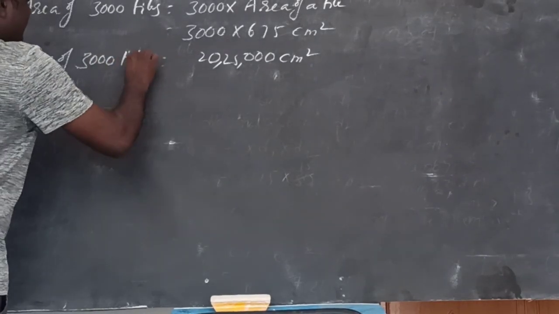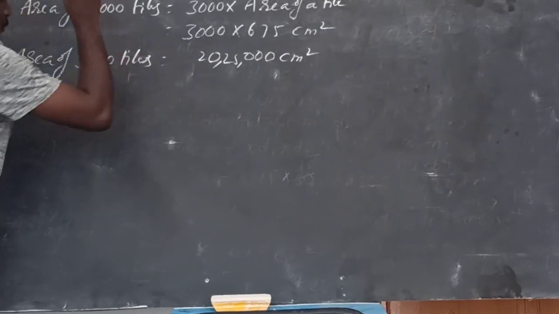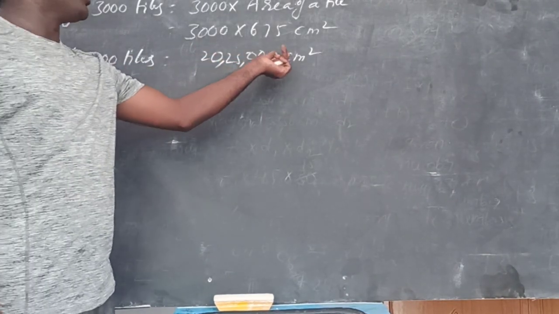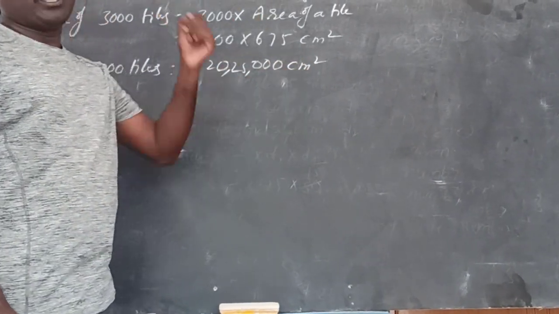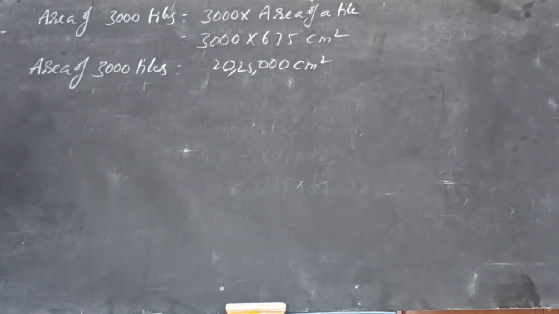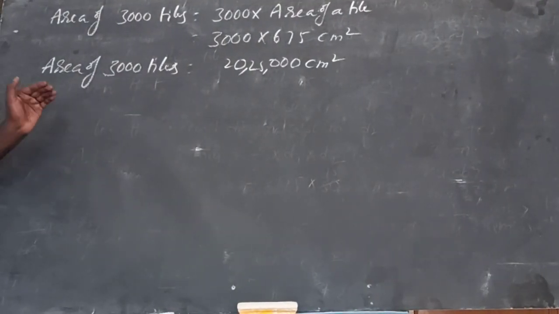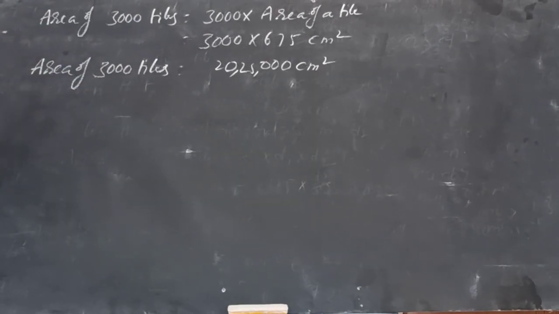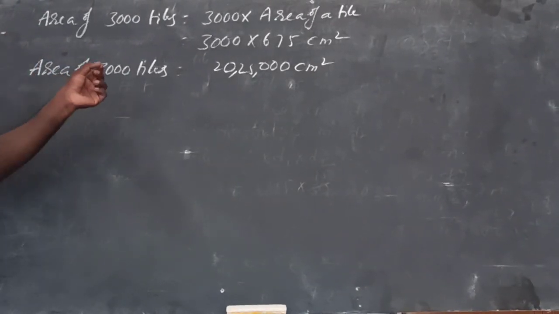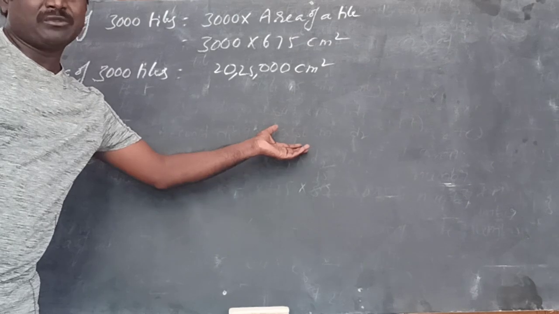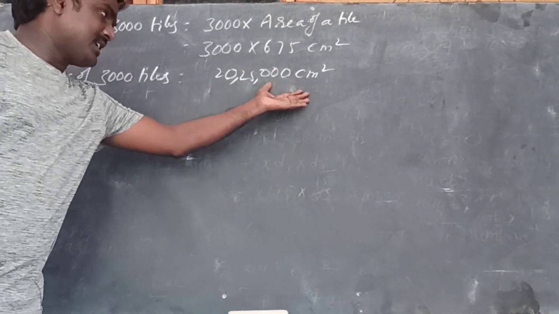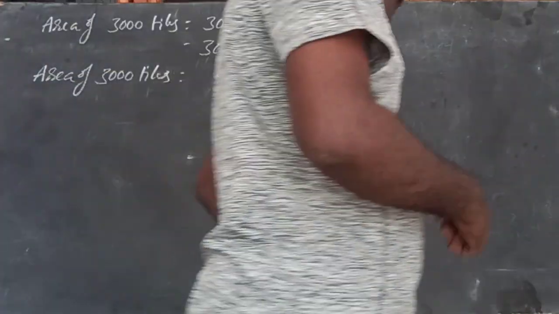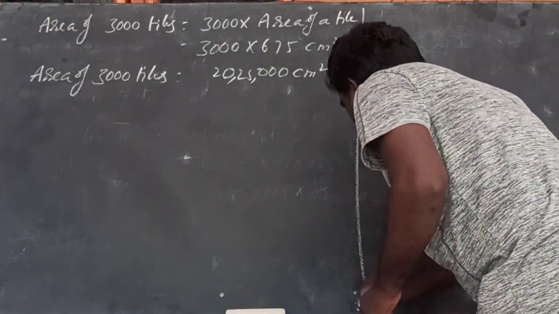So the area of 3000 tiles is equal to 20,25,000 centimeter square. But in the question they have given that each tile fixed on the floor costs 20 rupees per meter square. That means the centimeter square must be changed into meter square. How can we change it?